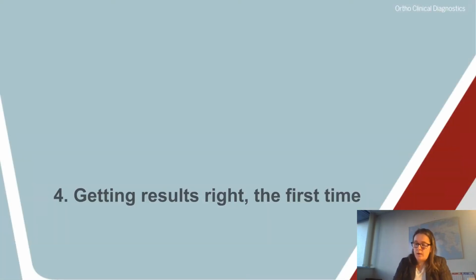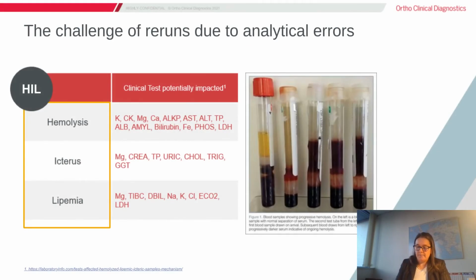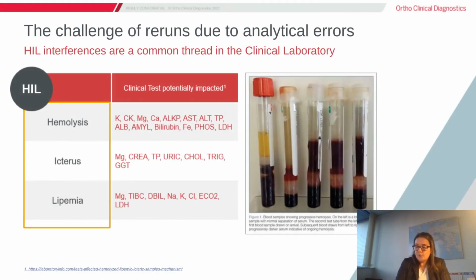Let's now see the last contributor to the reduction of diagnostic-associated blood loss, which is getting the right results the first time, a crucial aspect. Analytical errors may trigger sample reruns and represent a common challenge.